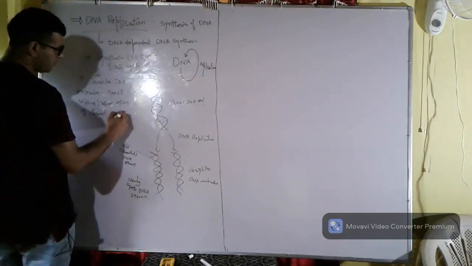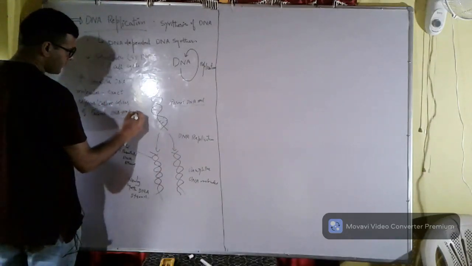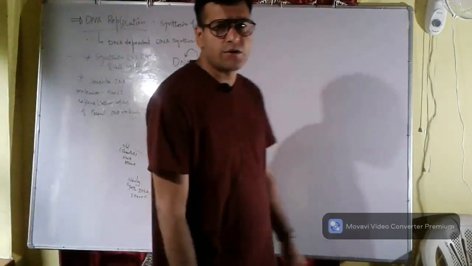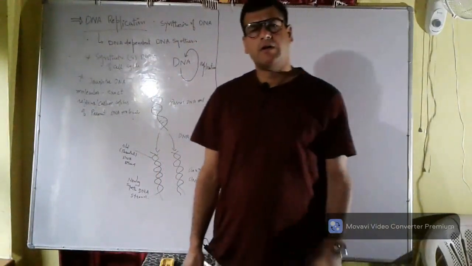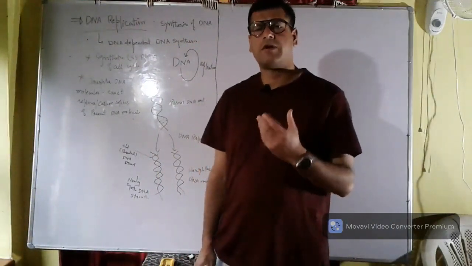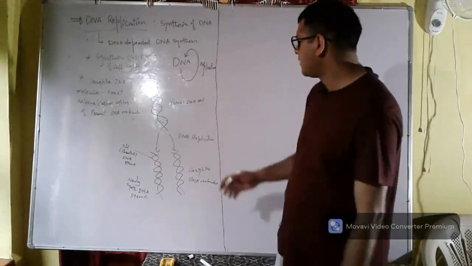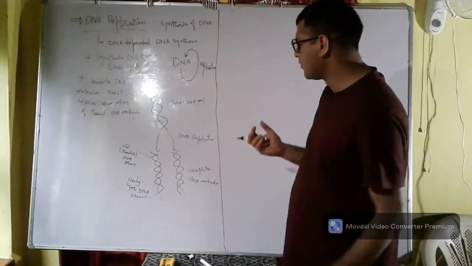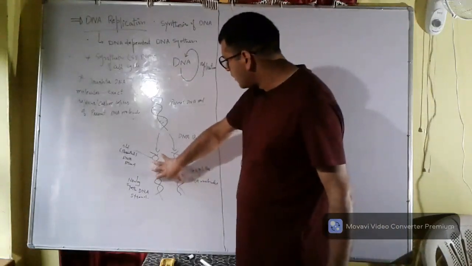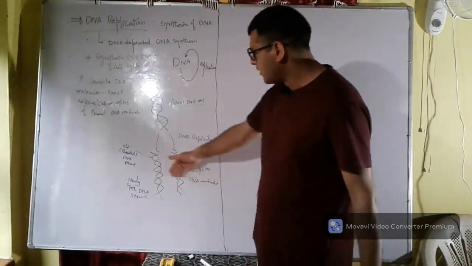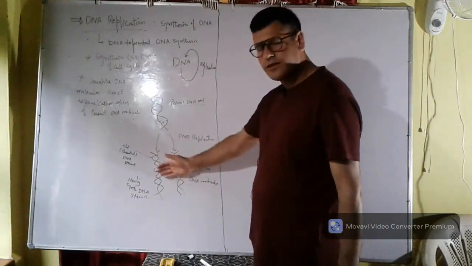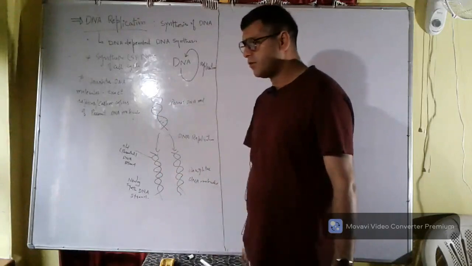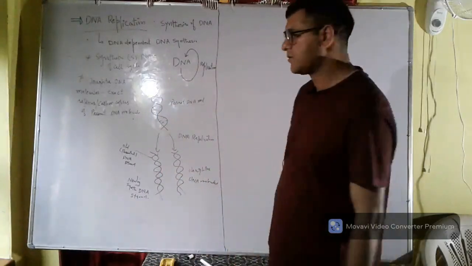They resemble one another as well as the parent DNA molecule. So in replication, two daughter DNA molecules are formed, and they are identical to each other. This is what happens in replication.